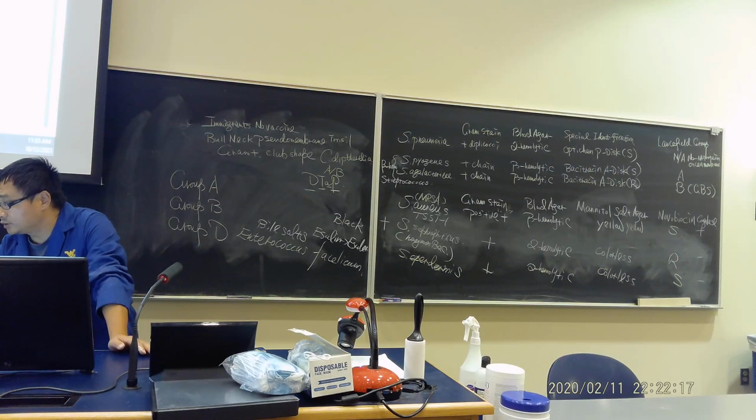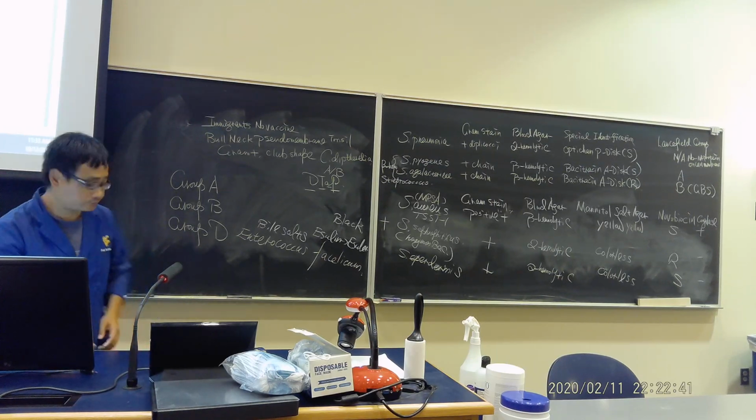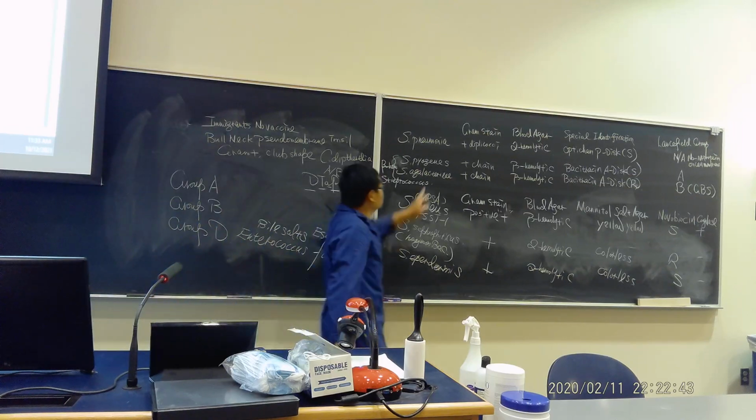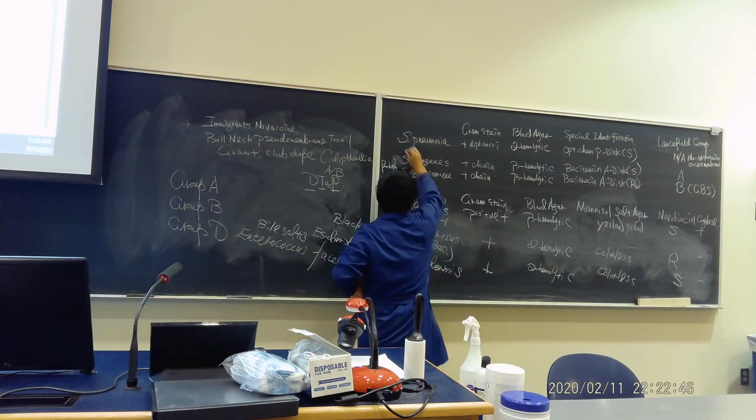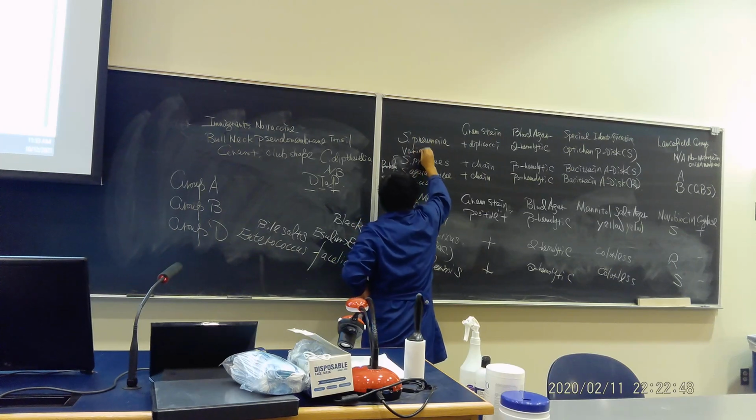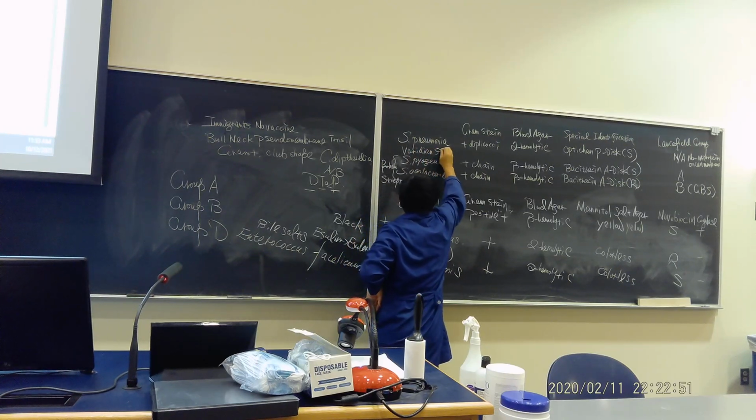Question number 9. Belonging to a group of alpha hemolytic microorganisms that normally live in the upper respiratory tract and may cause opportunistic infection. This is alpha hemolytic. Which one? We still have one left here. Viridans Streptococcus.